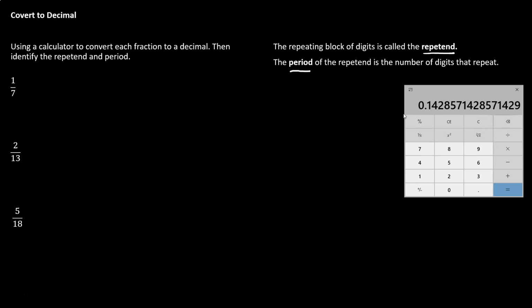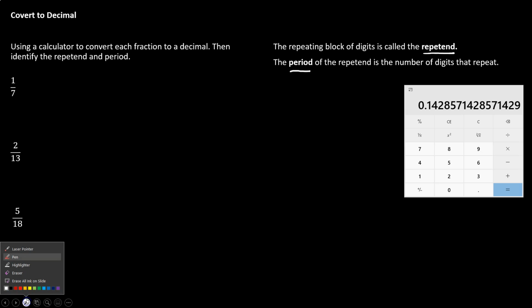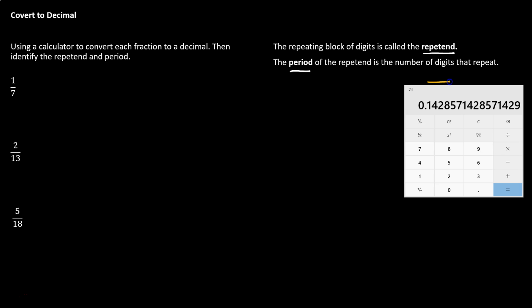Now, this is something that can be tricky. When you type a fraction like this into your calculator, it might look like it terminates because eventually the numbers stop. But if you pay very close attention, it does appear that we're repeating 1, 4, 2, 8, 5, 7, 1, 4, 2, 8, 5, 7, 1, 4, 2, 9.